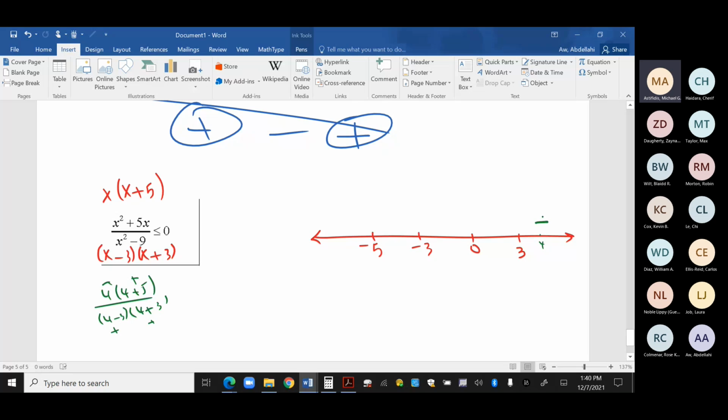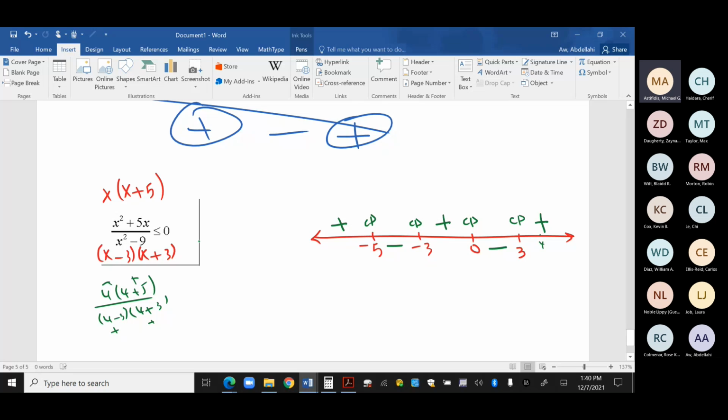So this is plus. Now I'm kind of lazy to plug in 4 more numbers, 1, 2, 3, 4. What I'm going to use is the fact that every zero is a cross point, so I don't have to plug in. Because every zero is a cross point, the signs will alternate, right?